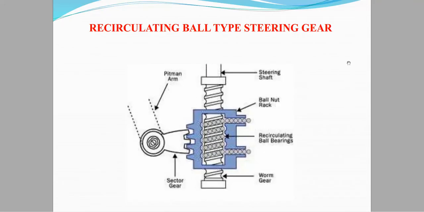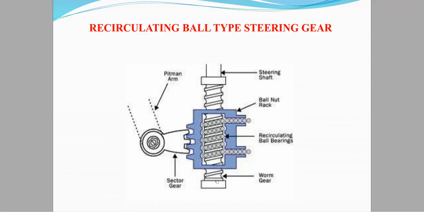As you can see in the diagram, there is a pitman arm which transfers the motion from the steering wheel. This is the sector gear, which will transfer to the worm, and in between we have recirculating ball bearings by which we are able to move in a smoother way.